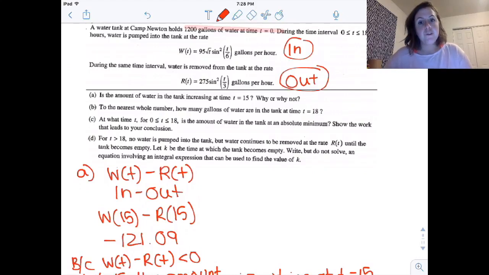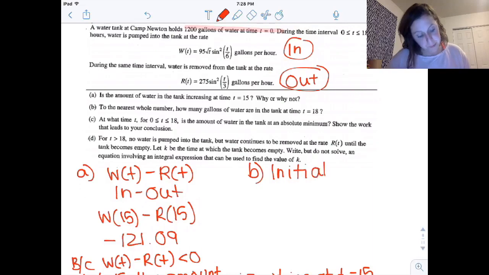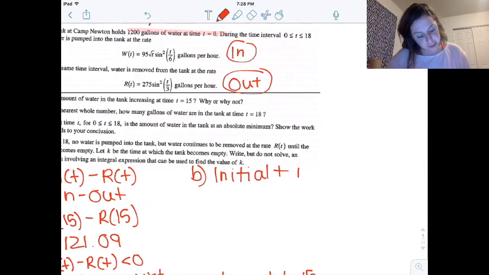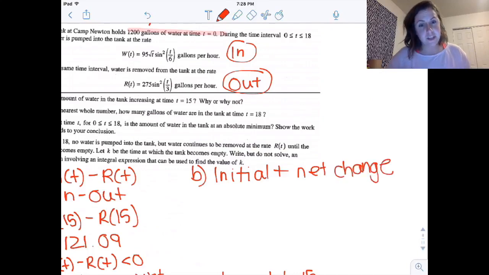For part B, to the nearest whole number, how many gallons of water are in the tank at t equals 18? Remember, the amount at any time is the initial plus the net change. The initial here, they told me, was 1,200, so I was starting with 1,200 gallons in the tank.